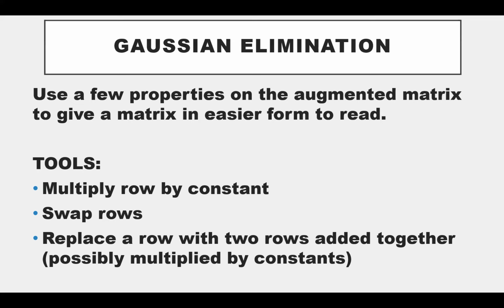By the way, that's like doing an elimination method where we add two equations together and then we get a third, and then we replace an equation. So all of these processes have equivalent algebraic processes when we try to solve a system of linear equations.